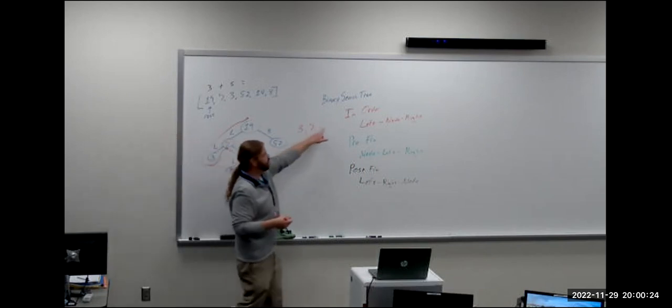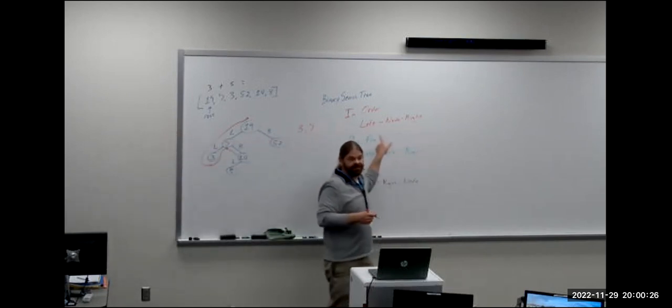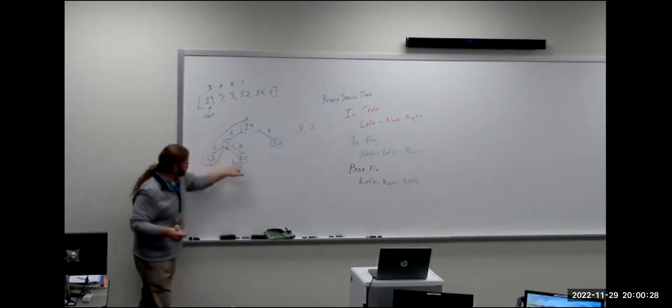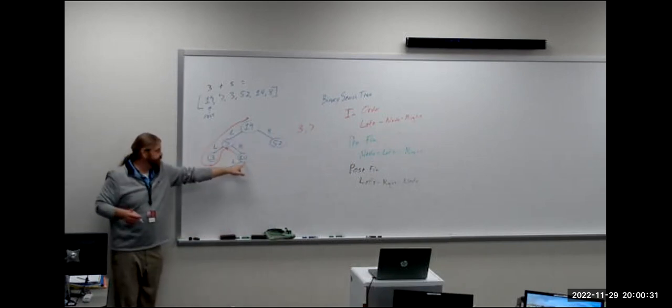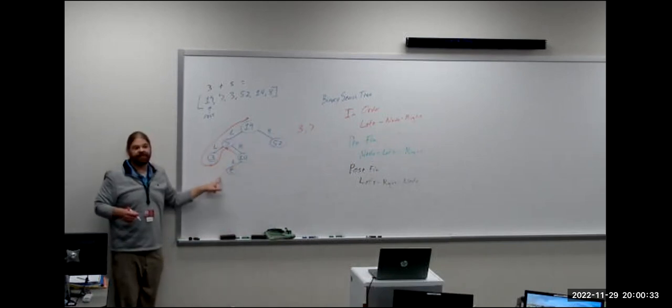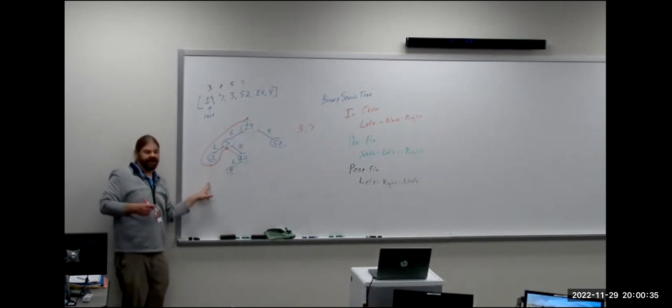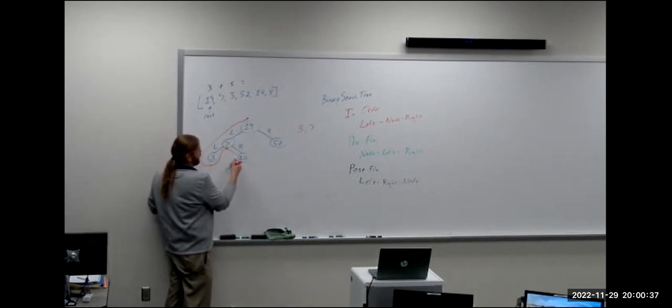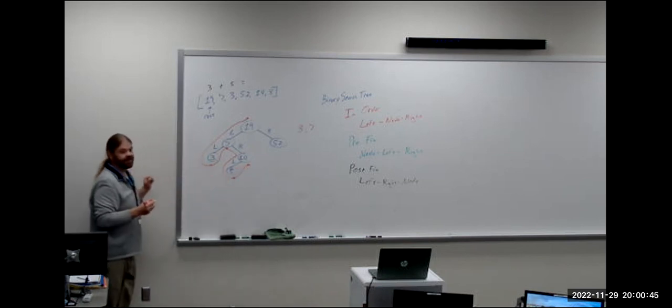Then we go to the right, but we're still doing in order, which means we have to always go left first. So when we go to the right a little bit, there's something there, but we have something to the left first. So we always have to go all the way to the left first. So our right side actually comes back around and we get left node out of that.